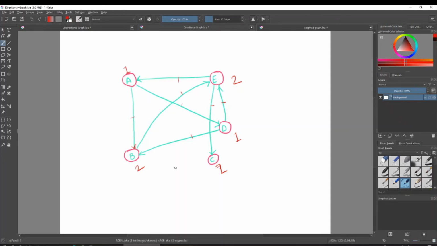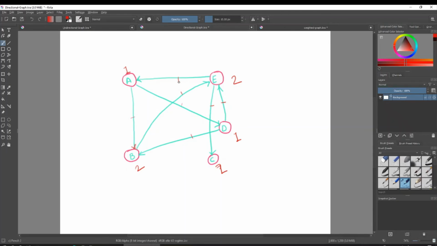In any directional graph, the sum of in degrees of all the vertices is equal to the sum of out degrees, which is again equal to the total number of edges in the graph. If you consider this graph, vertex A has in degree of 1, vertex B has in degree of 2, because there are two edges coming in to vertex B. Vertex C has in degree of 1, vertex D has in degree of 1, and vertex E has in degree of 2.